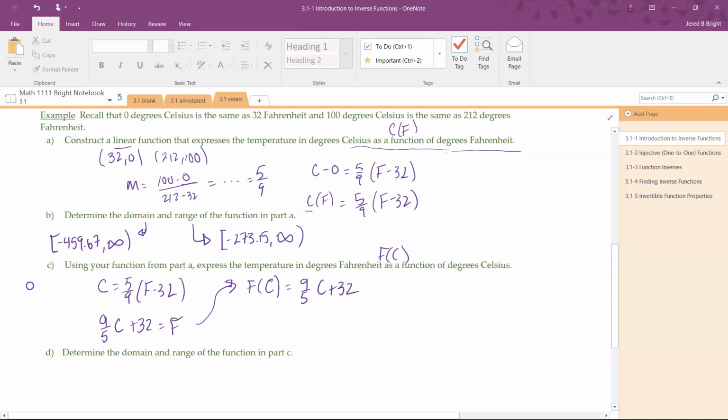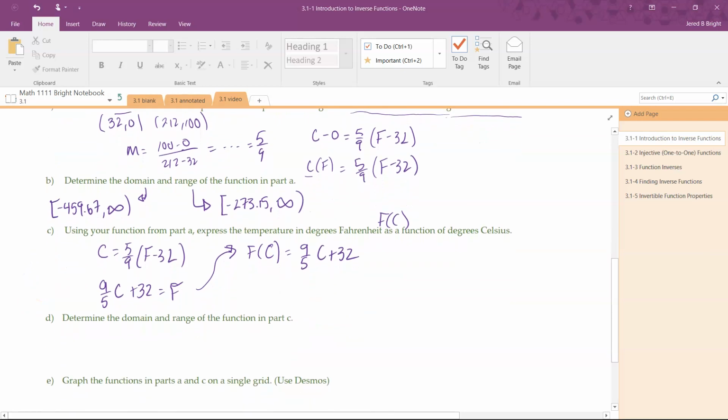If we want to look at the domain and range, again, it's not going to change really from what we had in part B. It's just going to flip. So the domain here is negative 273.15 to infinity, and the range now is the values that we can have for Fahrenheit, so negative 459.67 off to infinity.